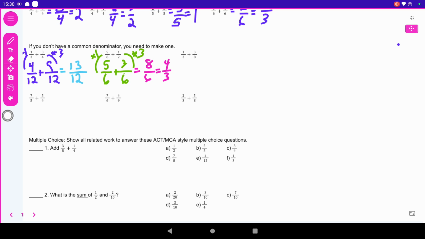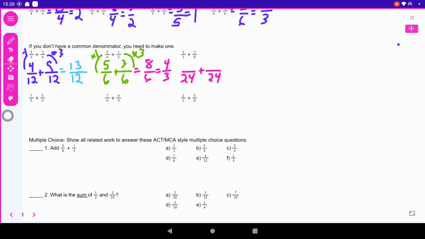Alright, so the next one, we look at 3 and 8. What is the first common multiple? If you're looking at those 3 times tables, so you're thinking 3, 6, 9, 12, 15, 18, 21, 24. 24 is the first number that shares a common multiple with 8. Some people will go off to the side and list the multiples until they get that first matching one.